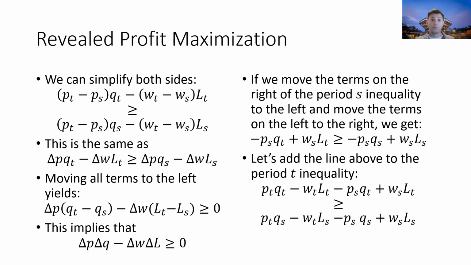If we had multiple outputs and multiple inputs, right now we only have one output and one input, but if we did have more, we would go through the same steps. We'd wind up here, except we would be summing over multiple outputs and we would be summing over multiple inputs.